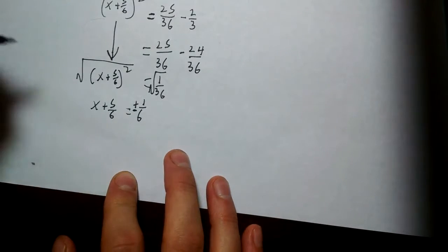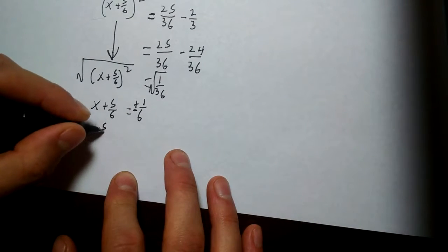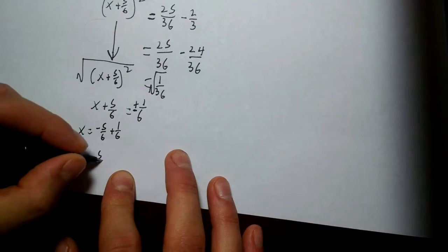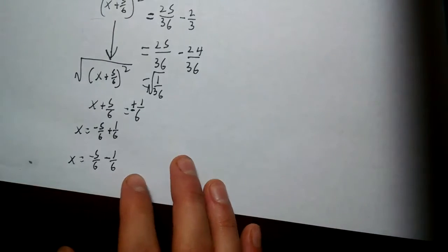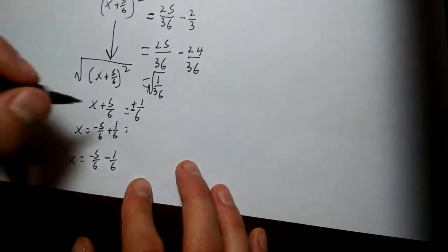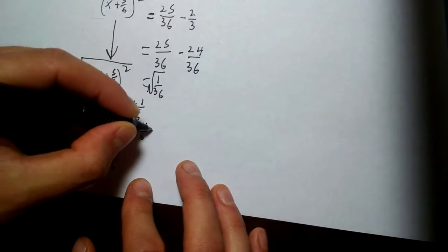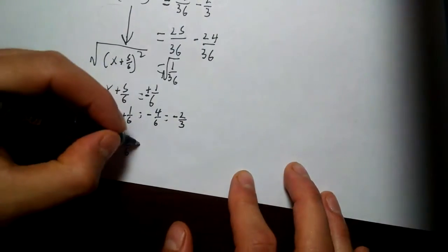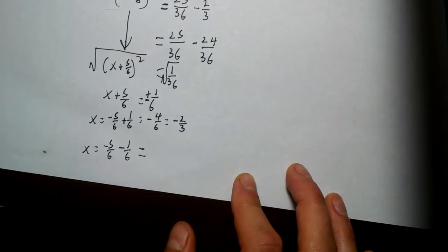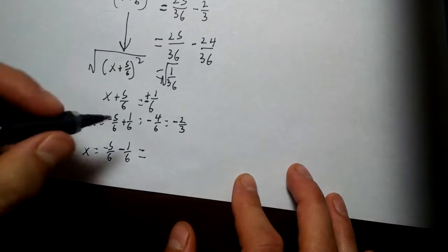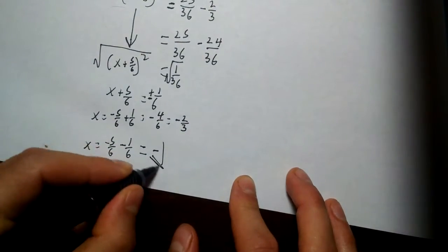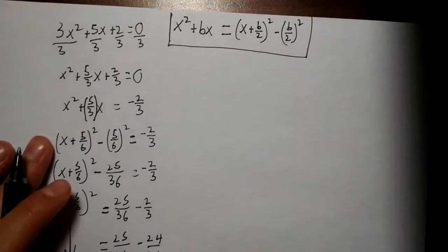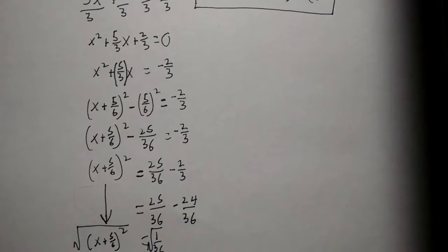And so now our final solutions are x is either negative 5/6 plus 1/6 or negative 5/6 minus 1/6. Okay, so that gives us negative 4/6, which reduces to negative 2/3. Gosh, there's a lot of work in this problem. And that one is just negative 6/6, right? Which gives us negative 1. Alright, so there's our two solutions, finally. Whew, but we couldn't have done it without the help of completing the square all the way up there.